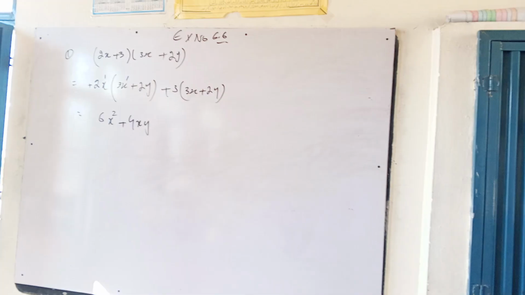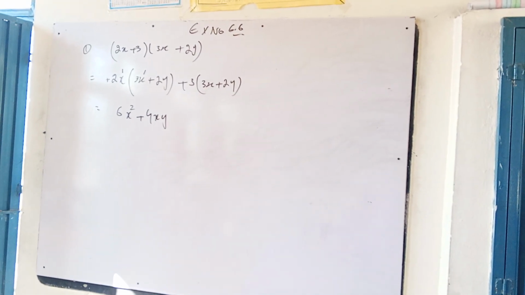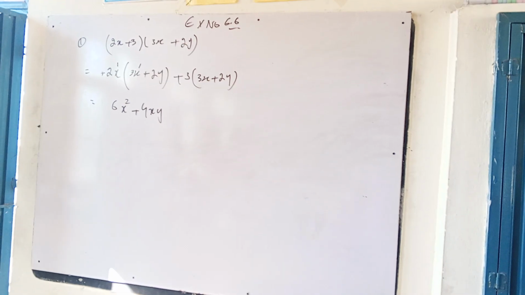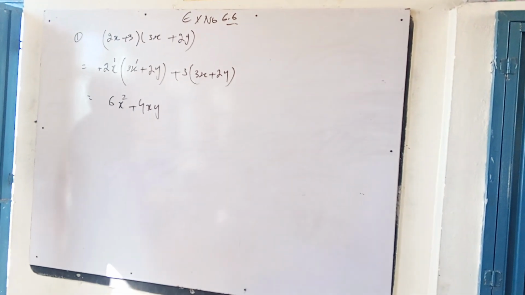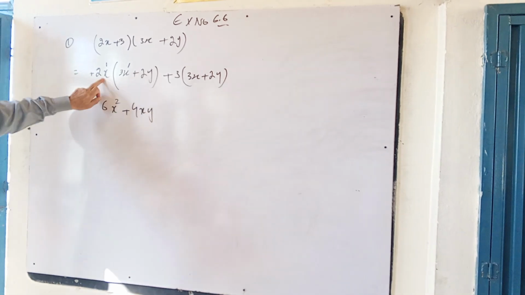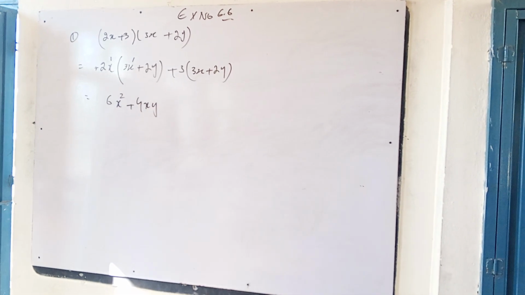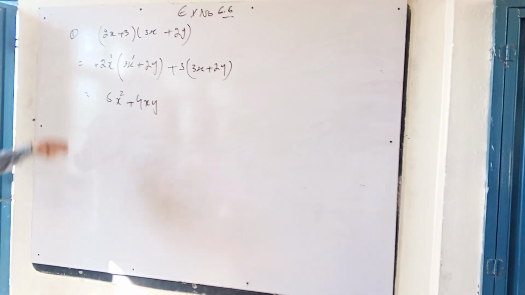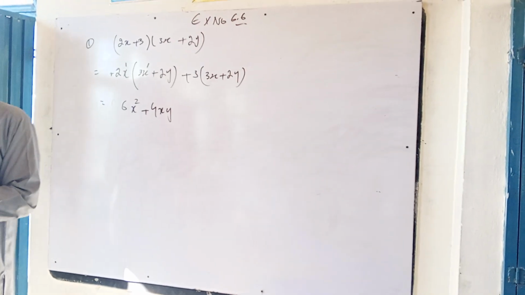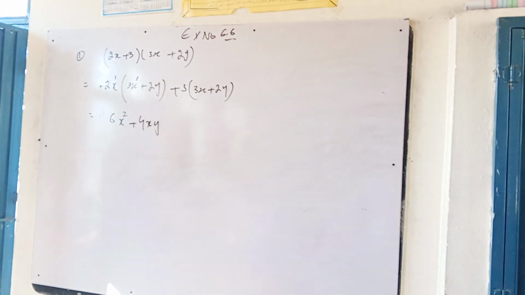When the variables are different, we cannot add the degree of the different variables. So we can add the degree of the variable of the same variable. For example, x and x, degree of the x and x can be added. The degree of the y and y can be added up, but the degree of the x and y cannot be added up. Only and only they can be written in the multiplication form.